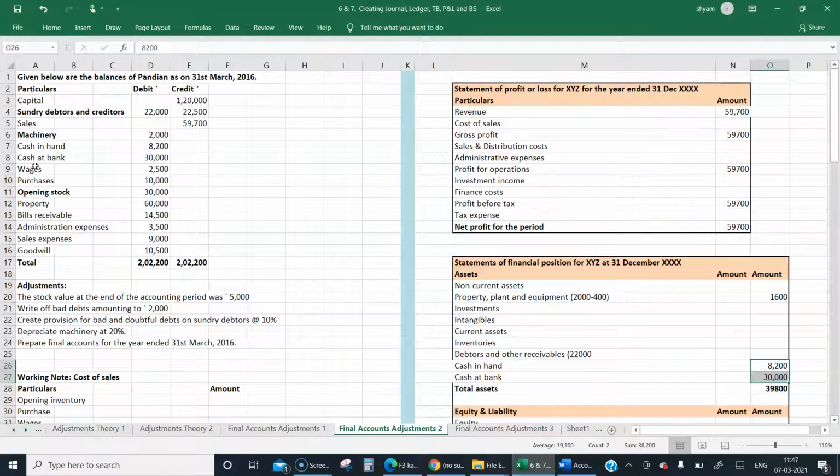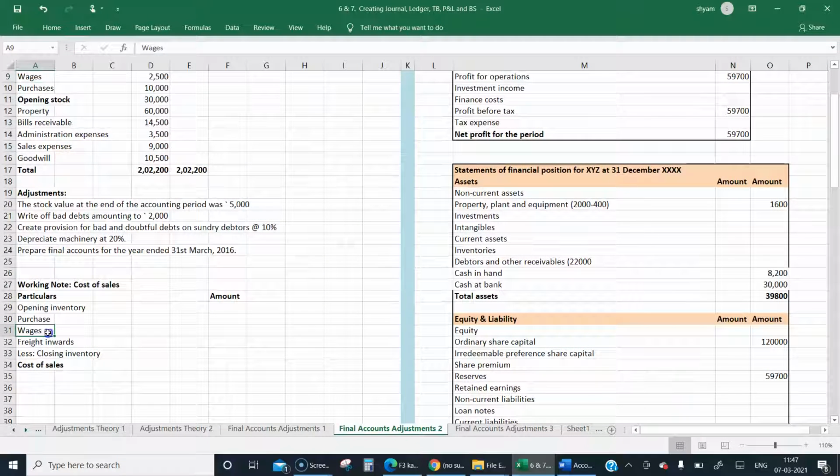So next we have wages. For wages, we don't have any adjustment, so we can take it to the cost of sales. So we can take it as 2,500. Next is purchases. Purchases is 10,000. Next is opening stock. We have 30,000.